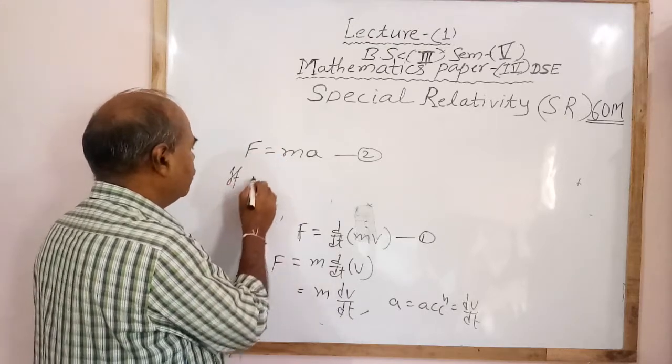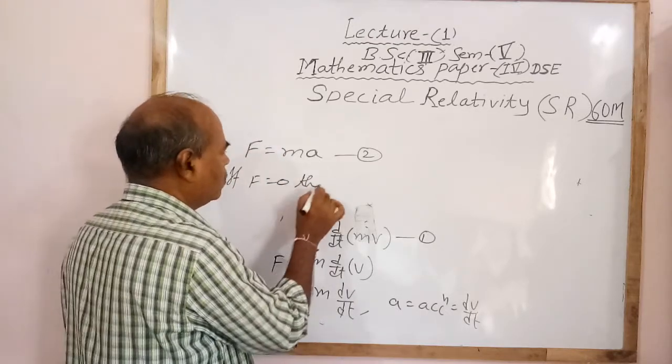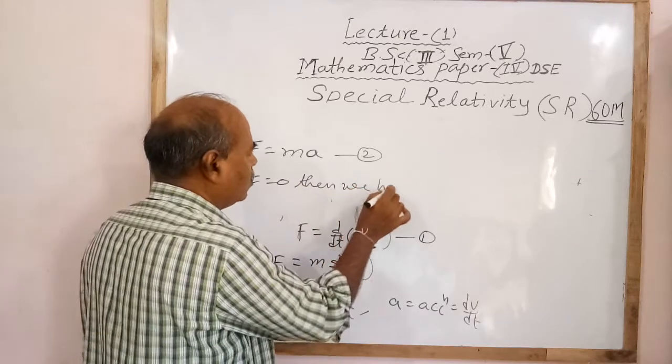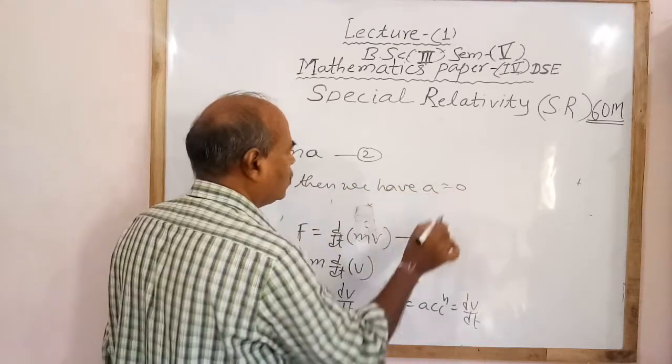Now if F equal to 0, then we have a equal to 0.